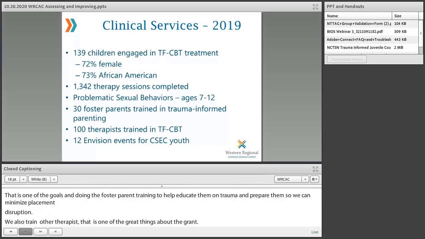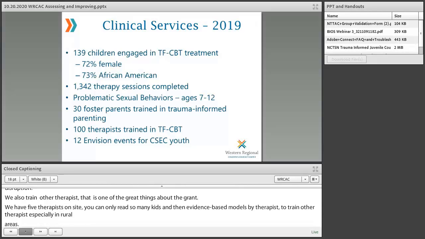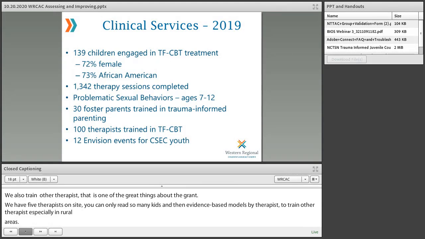Our model really is to train other therapists across the state, especially in rural areas where we know kids may not have access to resources. And now in the days of COVID, with telemental health being so popular and needed right now, it really allows us to reach youth that may not otherwise have access to TF-CBT. So that's one thing we're really excited about.